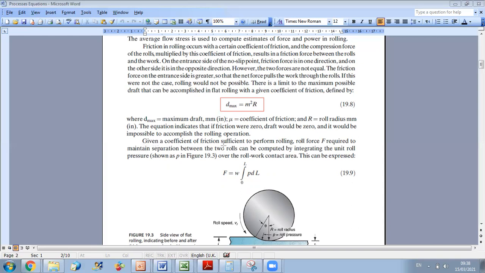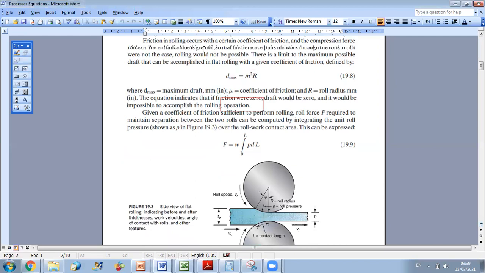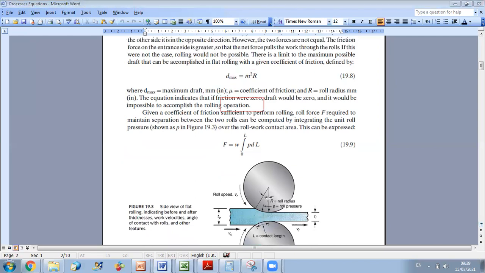Given a coefficient of friction sufficient to perform rolling, the roll force required to maintain separation between the two rolls can be computed by integrating the unit roll pressure over the roll work contact area. So we have seen together that the total force acting between the two is the integral of the pressure times dA. dA is the elementary area.